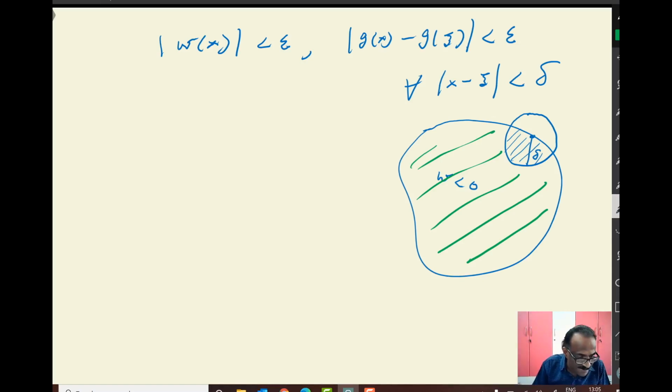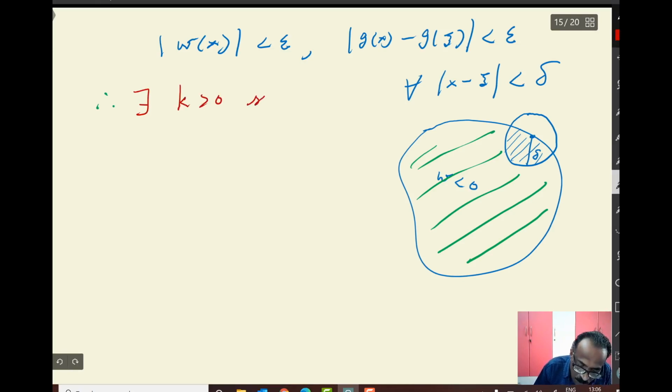I will write that in a slightly different way. Therefore there exists k such that k w(x) is greater than or equal to m for all |x − ψ| greater than or equal to δ.